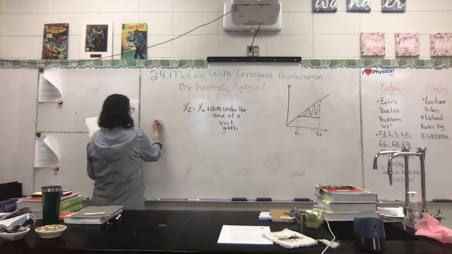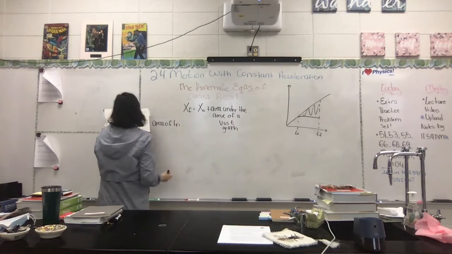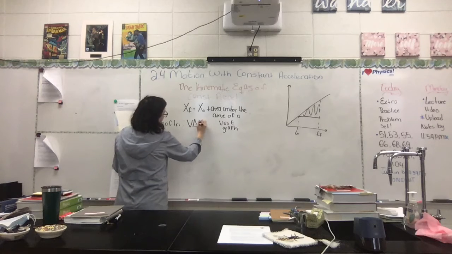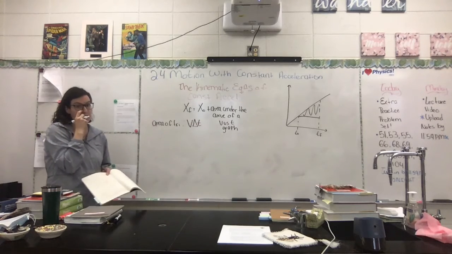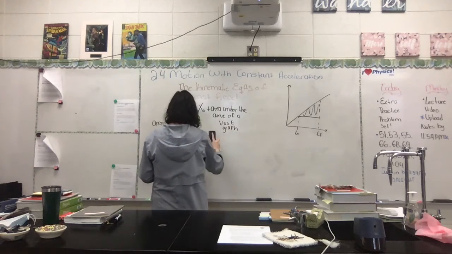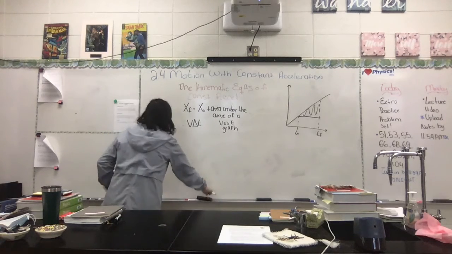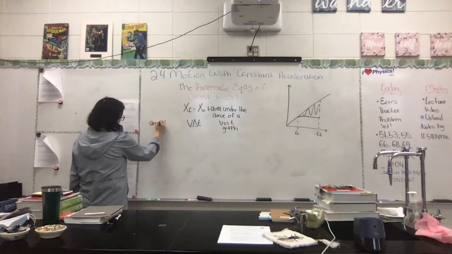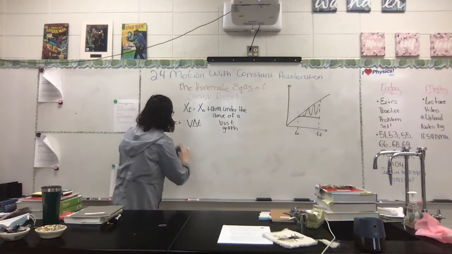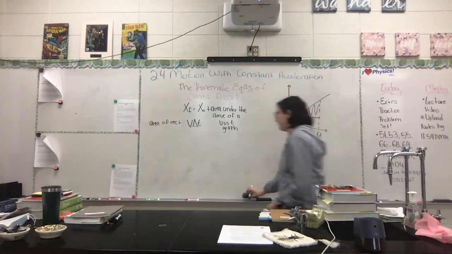Well, the area of a triangle is just going to be V times delta T, okay? So velocity times our change in time. Sorry, guys. Area of a rectangle. I thought that looked wrong, and I'm glad I second-guessed myself. The area of our rectangle is just going to be our velocity times our change in time.